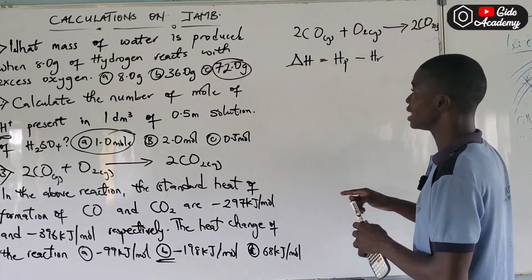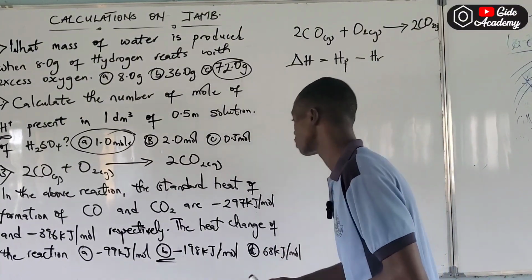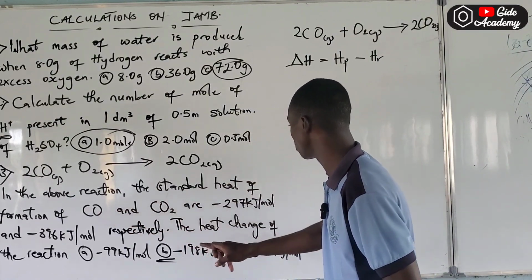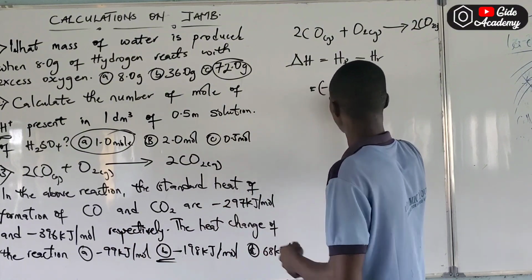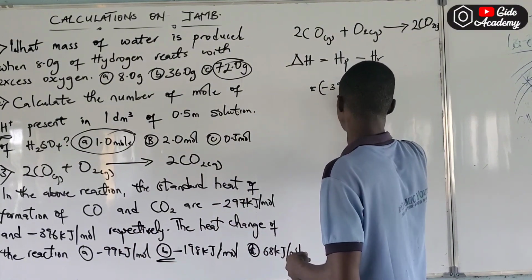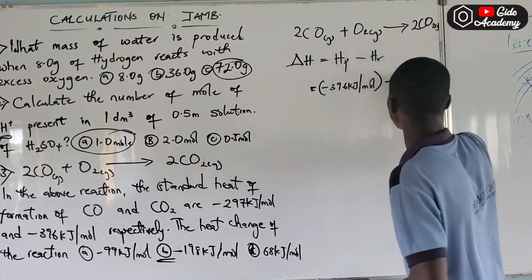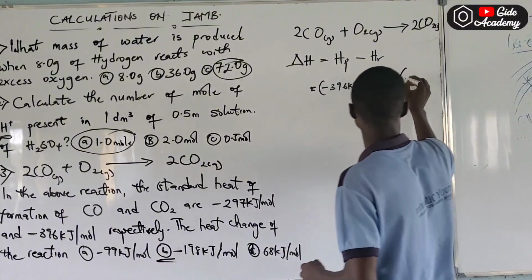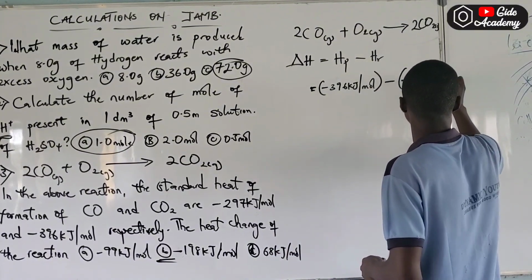The product. So this is your reactant, while this is the product. So they said the heat of formation of the product, that is CO2. CO is the reactant, while CO2 is the product. So the CO2 is minus 396 kilojoule per mole. Then the heat of the reactant is minus 297 kilojoule per mole.